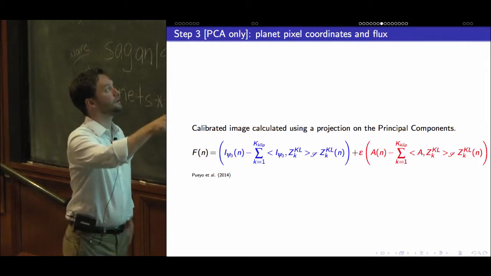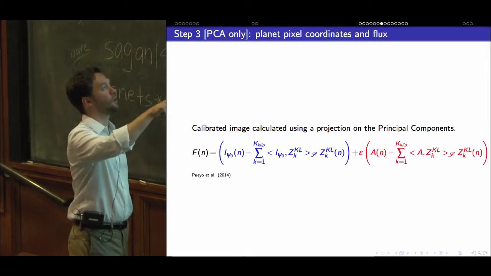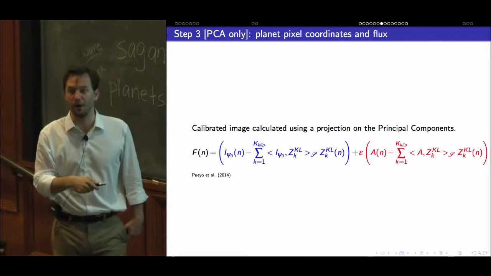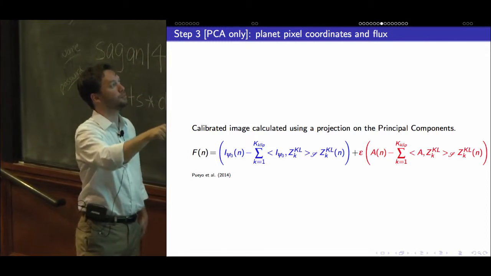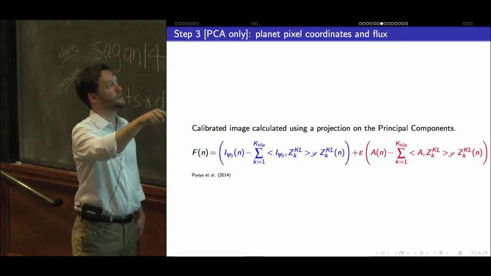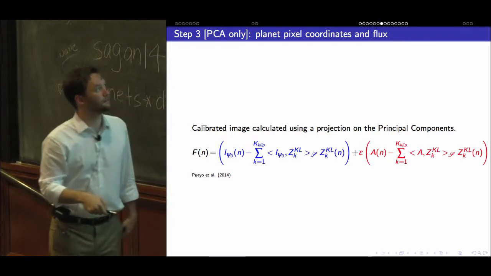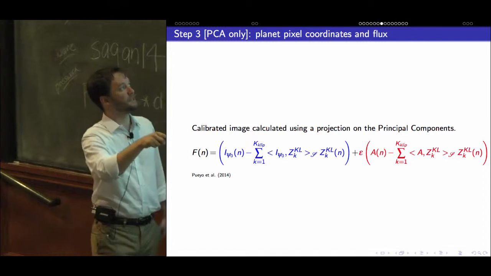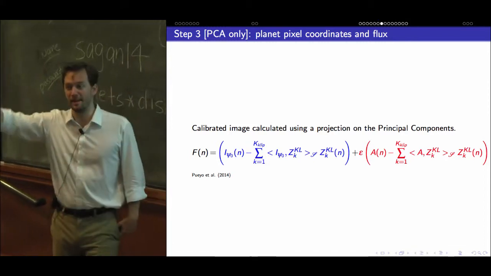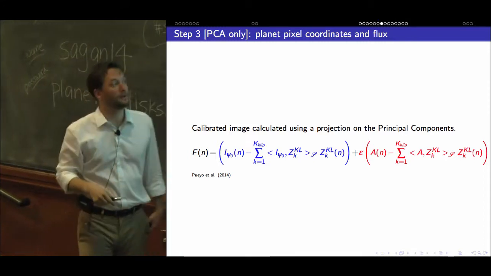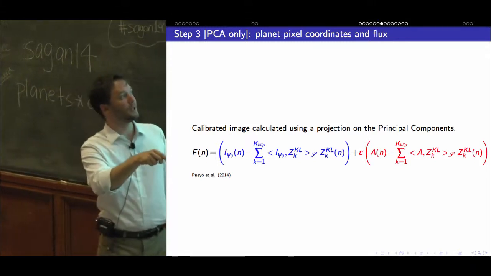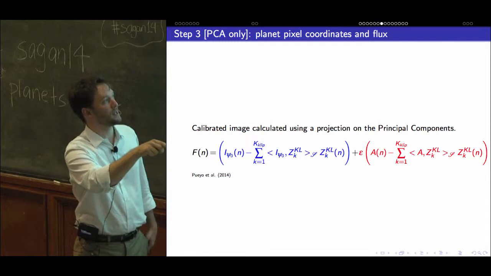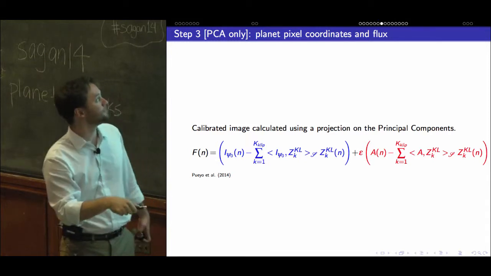If you remember the notations, you have this random realization of your instrument response, and you're projecting it on this PCA basis. This PCA basis has been derived based on all the reference images in your reference library. So that's when you have no signal. When you have astronomical signal, then you're also projecting the astronomical signal on this PCA basis.